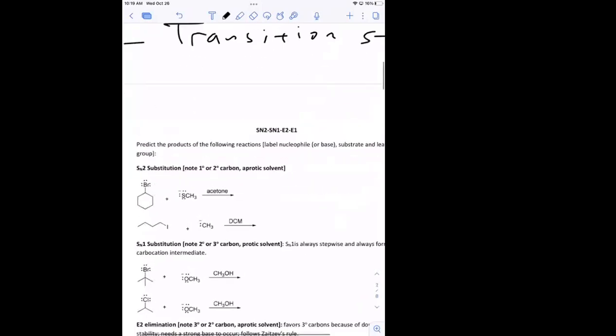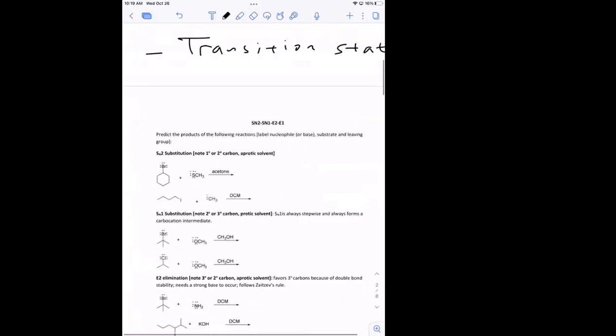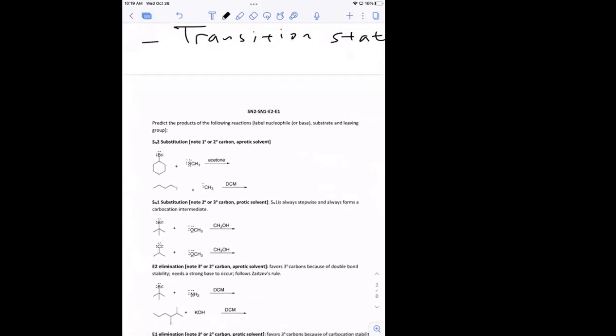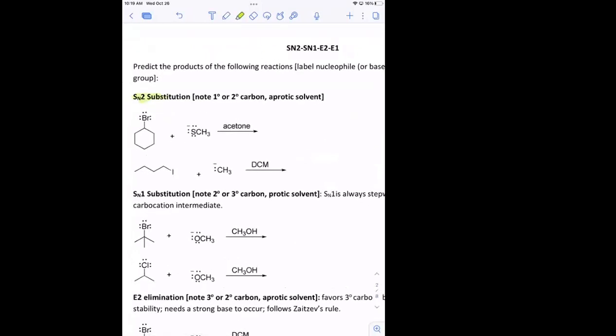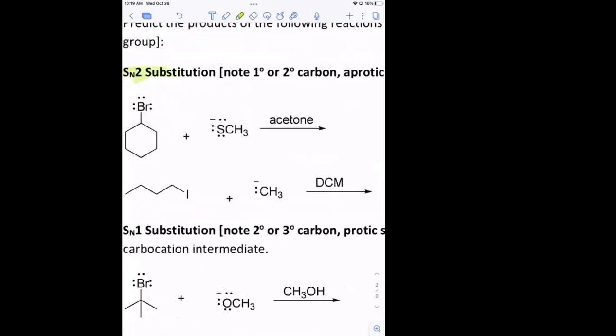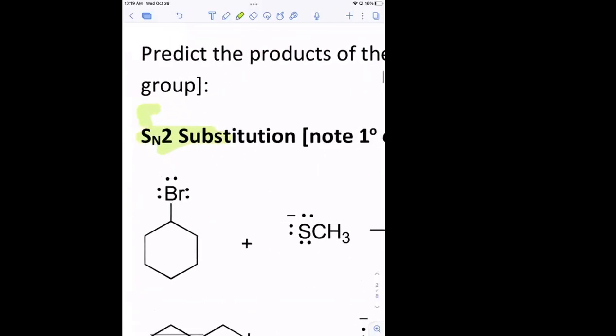All right, let's go to the first set of reactions, and we're going to talk first about the SN2 reaction. SN2 is substitution.